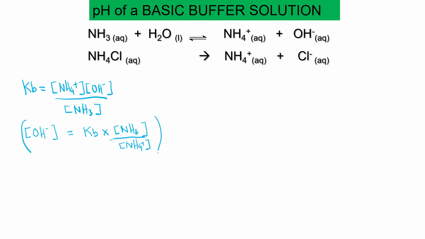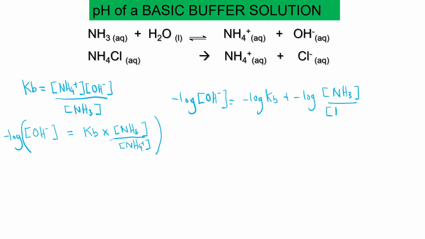Taking negative log for the whole equation, pOH equal to pKb plus, since this is negative, so kita invert the equation. So log NH4 plus di atas, ammonia di bawah, NH3.